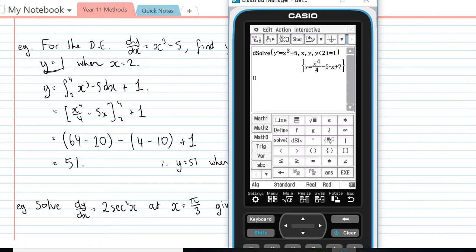So there's the rule. I'm just going to bring that down to the next line and say given, here it is just under Math 3, given x equals 4. And the answer is 51 as we found. So that's a fairly efficient way to do it using technology.